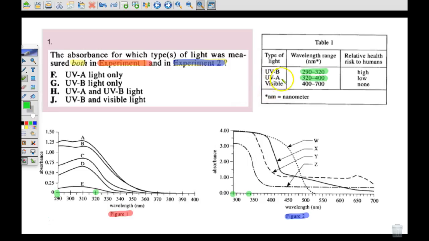I also see that UVA light from 320 to 400 are in both experiments. But I don't see visible light, because visible light is 400 and up. That's actually only in experiment 2. So the types of light that are present in both experiments are UVA and UVB, so H is the best answer for question number 1.